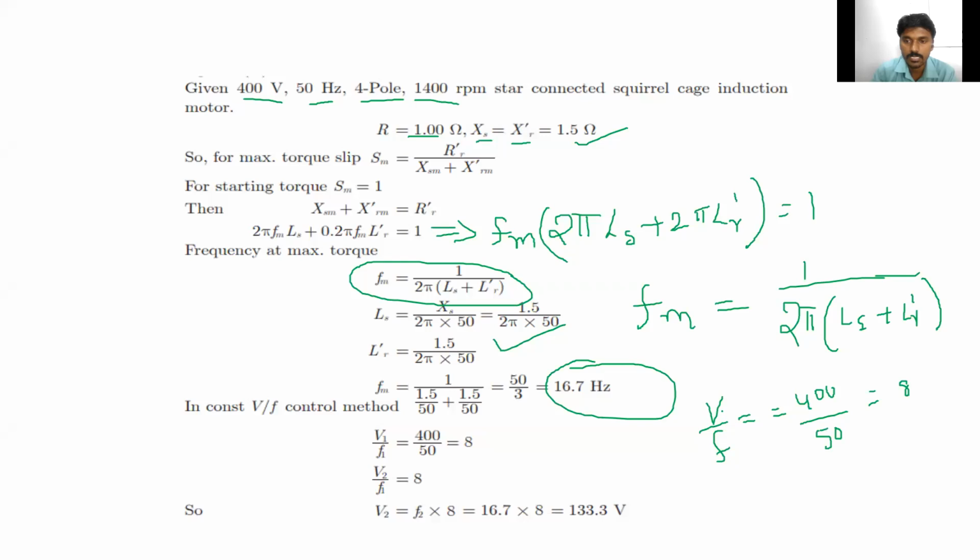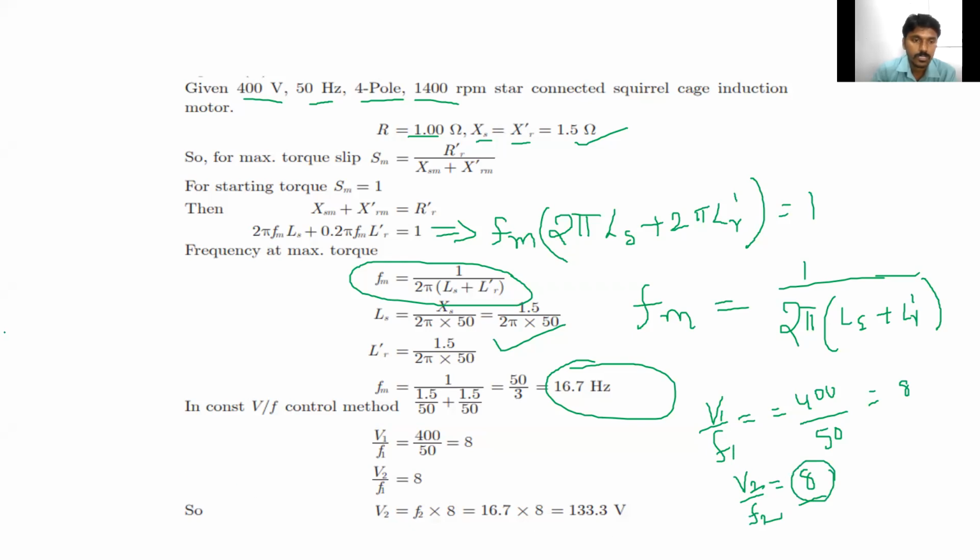For example, in the initial condition voltage is V1 and frequency is F1. So if voltage and frequency change, that is also the same, because this method is constant. So V2 by F2 is also the same. Clear?